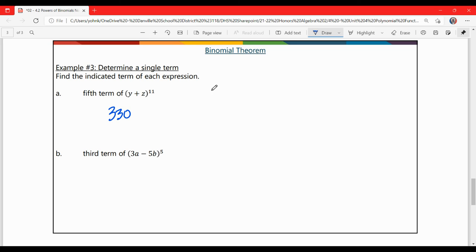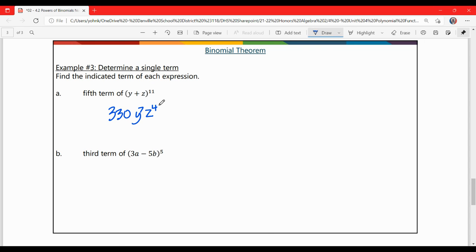And the fifth term, think about the fact that there are 12 terms if it's to the 11th power. And so the fifth term would be y to the 12 minus 5, or 7. And then z would be to the fourth because I have to have a total of 11.